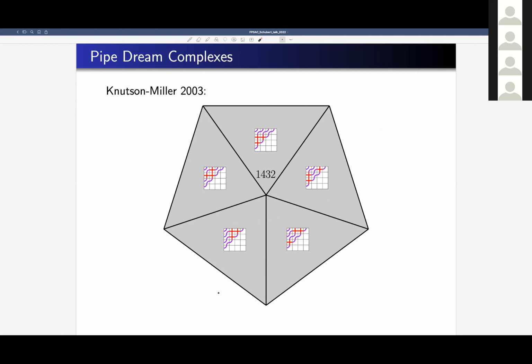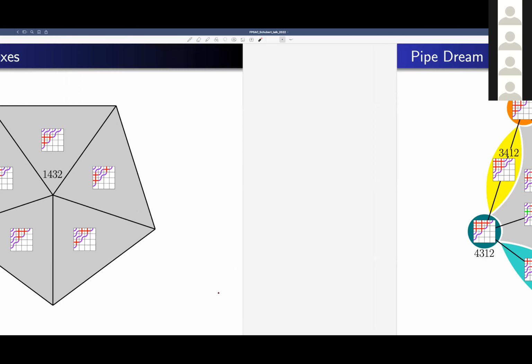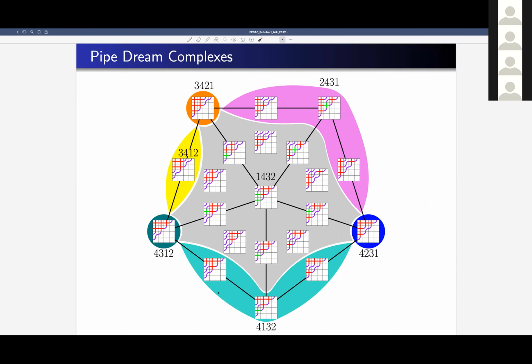The facets are labeled by the reduced pipe dreams of a given permutation, and the interior faces of this simplicial complex are labeled by the reduced and non-reduced, so all the pipe dreams of the given permutation, and then on the boundary, we get all the pipe dreams of permutations bigger than the fixed one in the Bruhat order. Anyhow, we won't need the structure so much here, but I did want to show you it's a very nice and important construction.